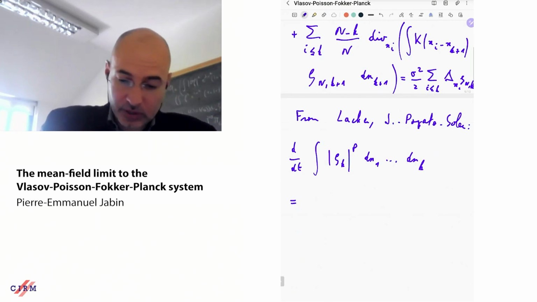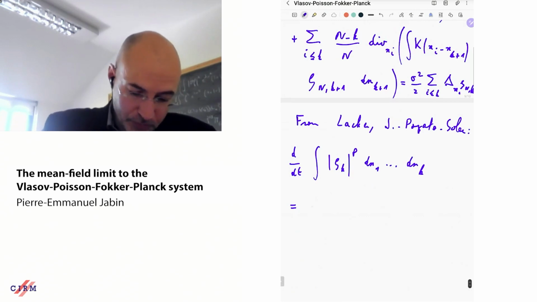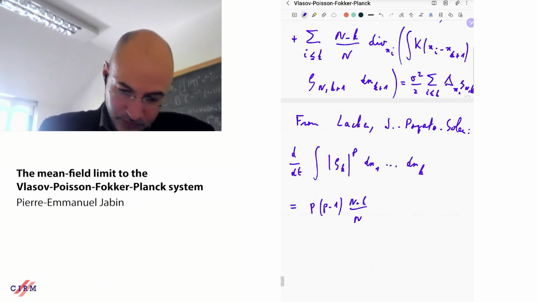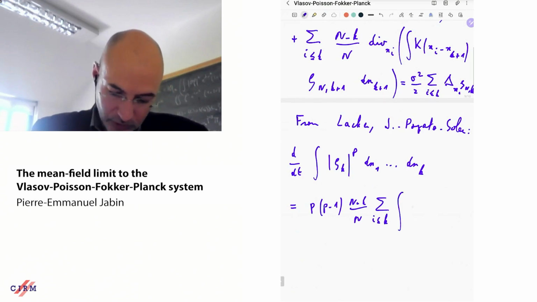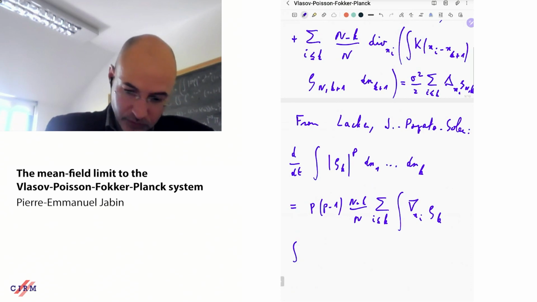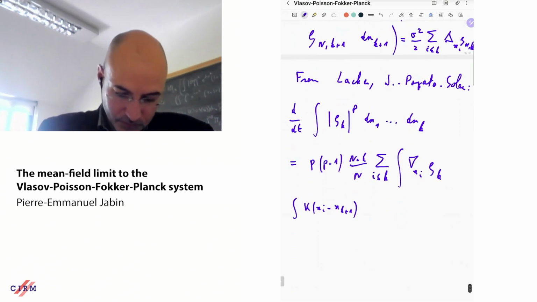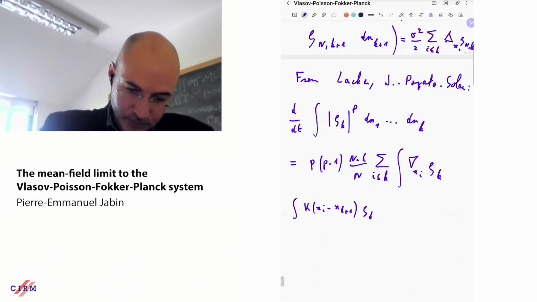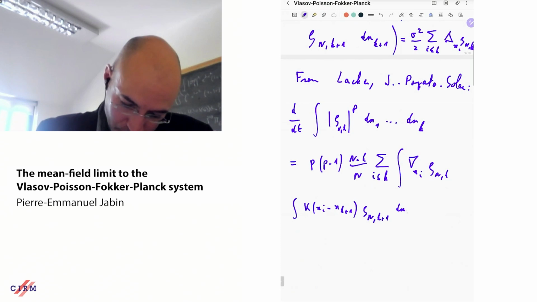And so if I'm integrating directly everything by parts, what I have for the first term is something like p minus 1, n minus k over n, the sum of i less than k, and then I have the integral of gradient xi, and the integral of k of xi minus x1, rho n k plus 1, dx k plus 1, dx1, dxk.